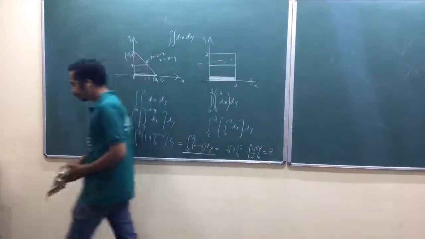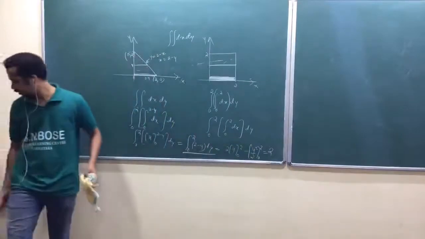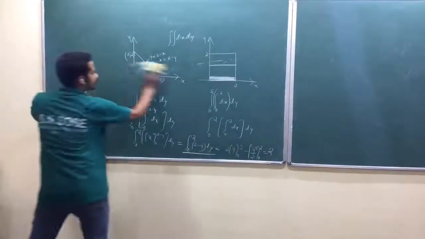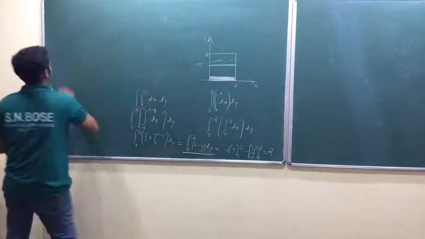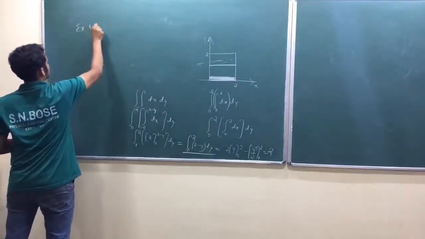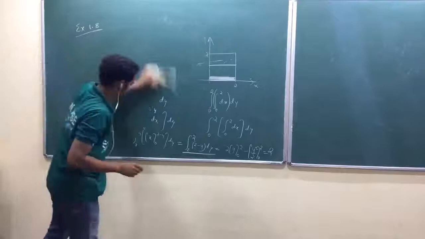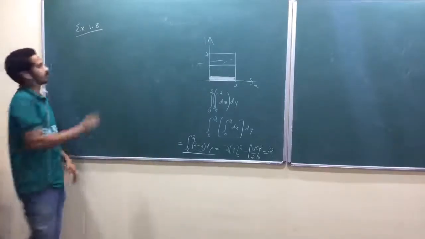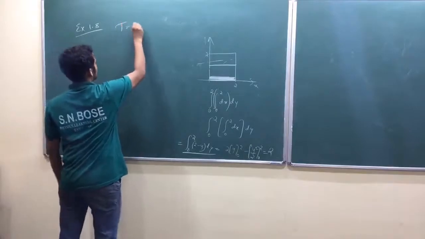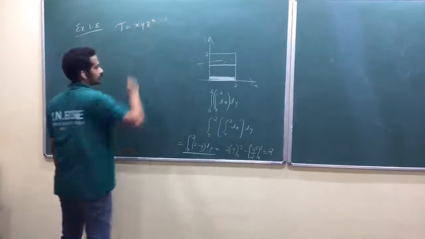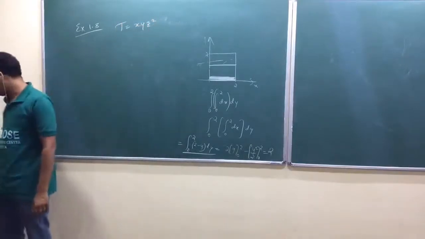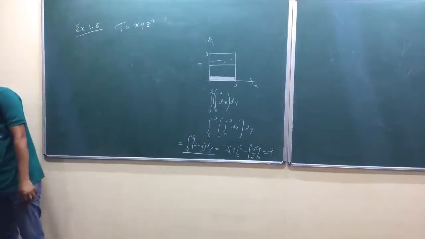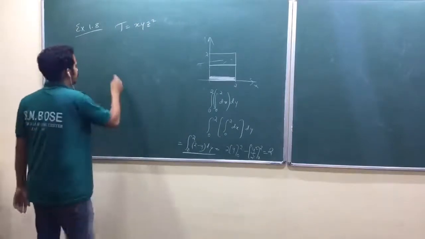Yeah. So now let me take that problem. This is example number 1.8. Have you tried? Example number 1.8. We have some scalar T equal to x y z square over the prism in the figure shown.